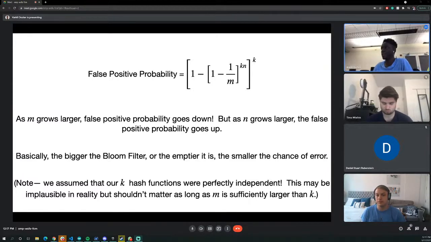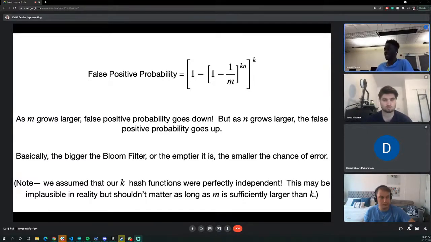But conversely, as n grows larger, as you add more and more messages to your Bloom filter, the false positive probability of collisions goes up and up. So that's actually what this equation says. It's a sanity check. This equation totally makes sense. In layman's terms, the bigger the Bloom filter, the emptier it is, the smaller chance of error. Conversely, the smaller it is or the more full it is, the bigger chance of error.